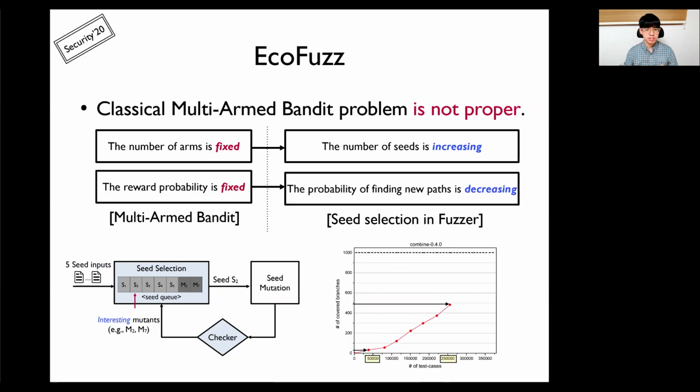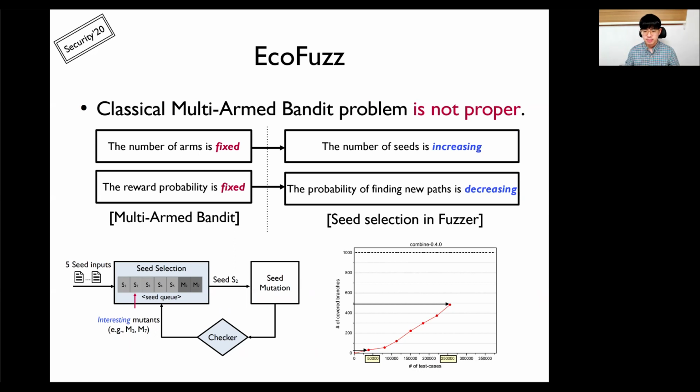And the second assumption is that the reward probability for choosing one single arm is fixed. However, this is also not suitable for mutation-based fuzzing because as testing time passes, or the more test cases are executed, the probability of discovering a new path will decrease. For example, look at the graph on the lower right.